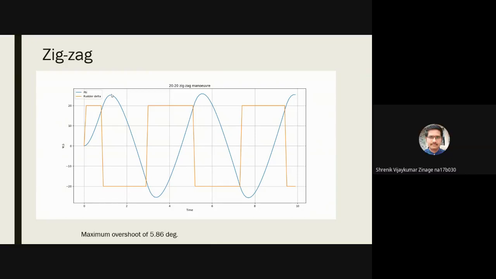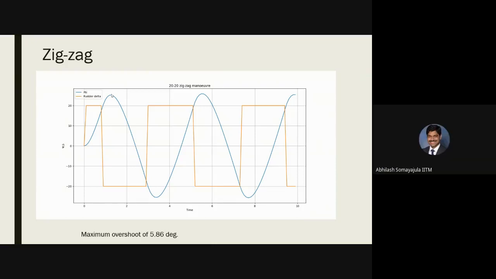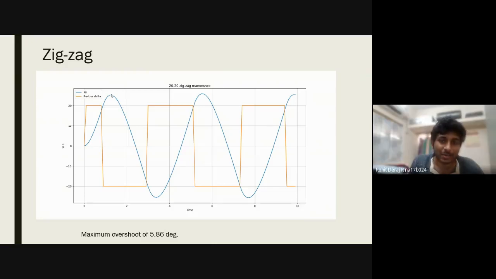So does that mean to say that the ship is more stable, then, right? Yes, more stable. No, maybe not necessarily. Here, your ship is straight line unstable, isn't it? Yes, sir.